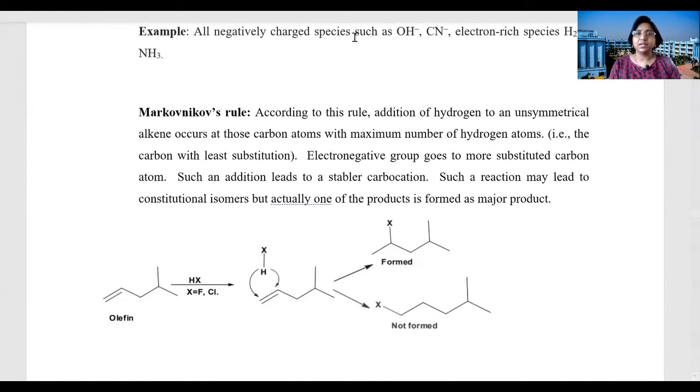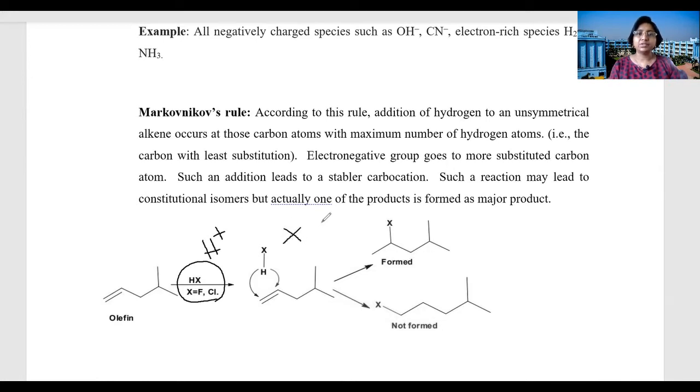In HX, H is the positive part and X is the negative part.